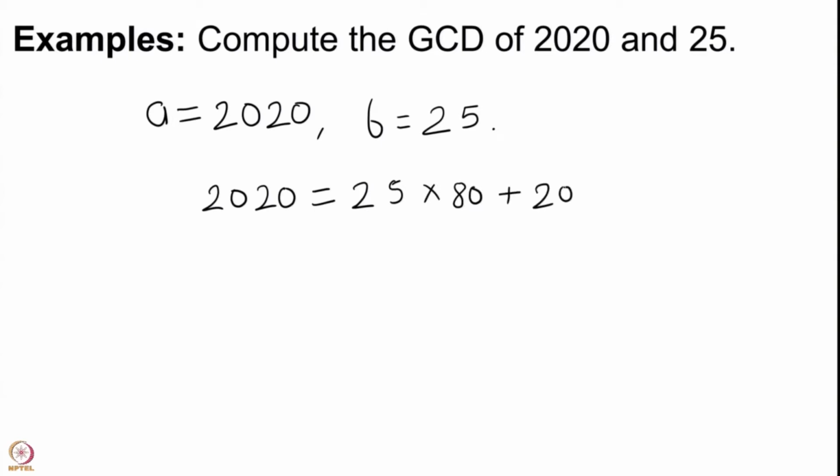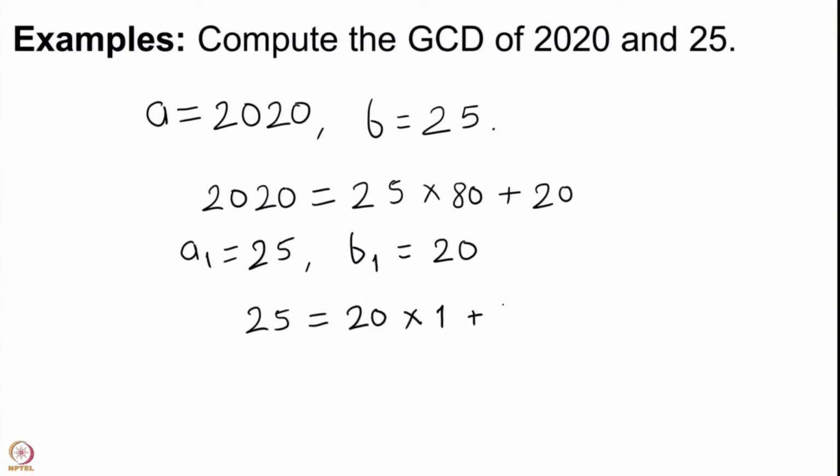So, here the r is 20, it is less than b, but it is not 0. So, our new a1 is 25, new b1 is 20. Again apply division algorithm to get 25 to be 20 into 1 plus 5.